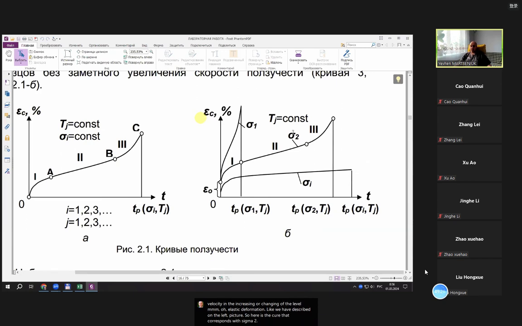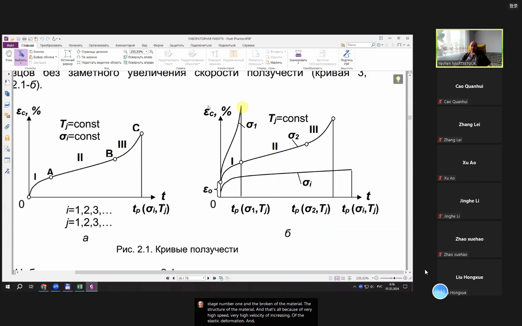We can also detect such material, or if level of stress is very high, the stage number 2 and stage number 3 will not appear. Only stage number 1 and breaking of the material, the fracture of the material, and that's all because of very high speed, very high velocity of increasing of the elastic deformation.